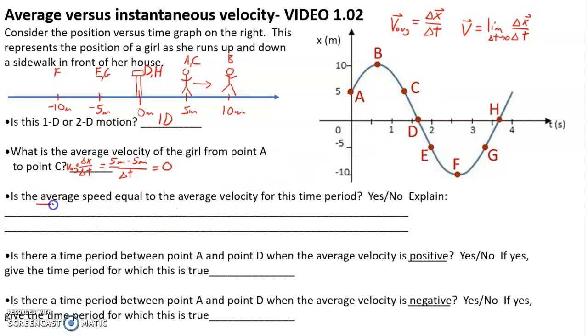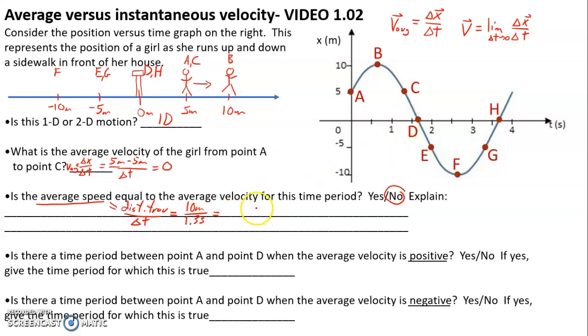Now, is the average speed equal to the average velocity for this time period? The answer to that is no, because average speed is based on distance traveled over time, and the distance that she traveled was about 10 meters. She went from 5 meters to 10, that's 5 meters, and then 5 more meters, so she traveled a total distance of 10 meters. And I'd say it took about 1.3 seconds.